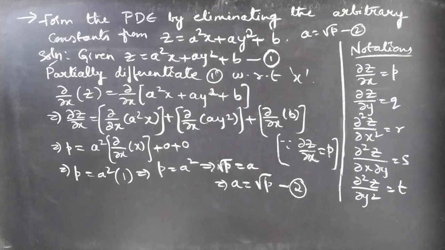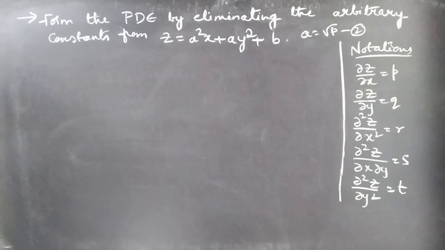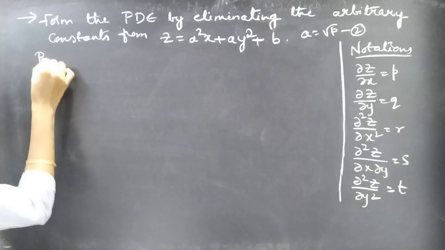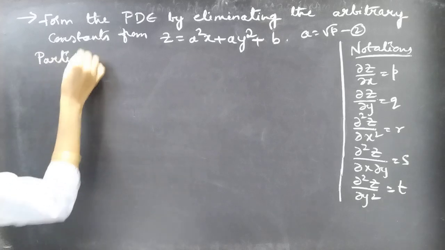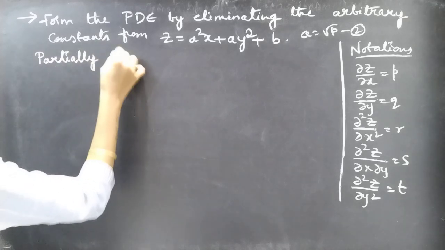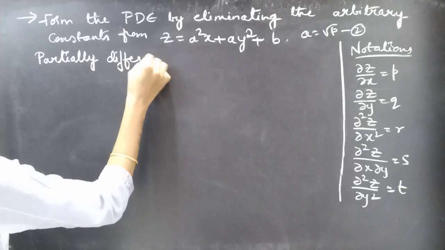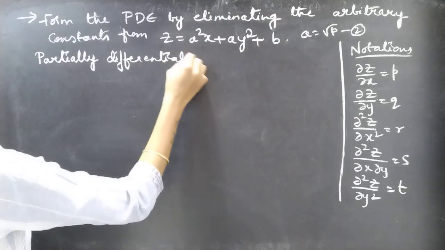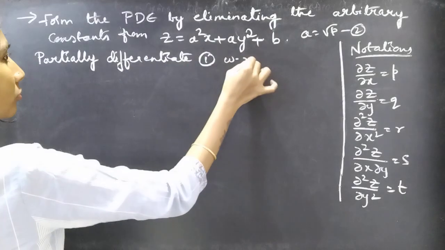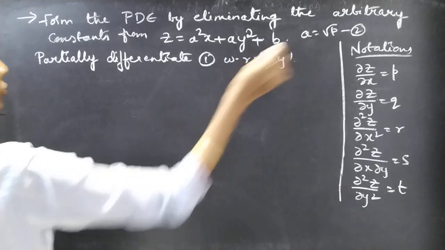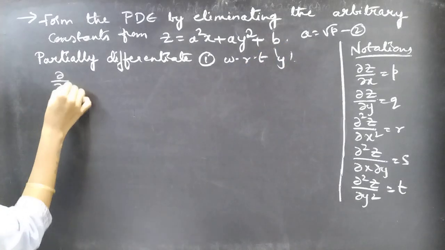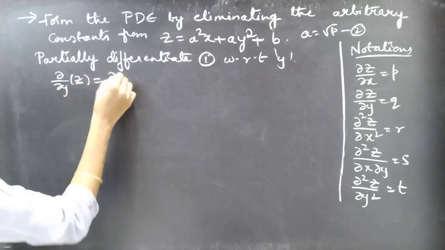Now partially differentiate 1 with respect to y. Apply dou by dou y on both sides of 1.